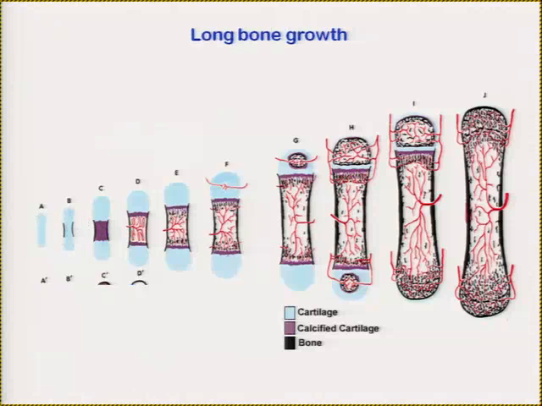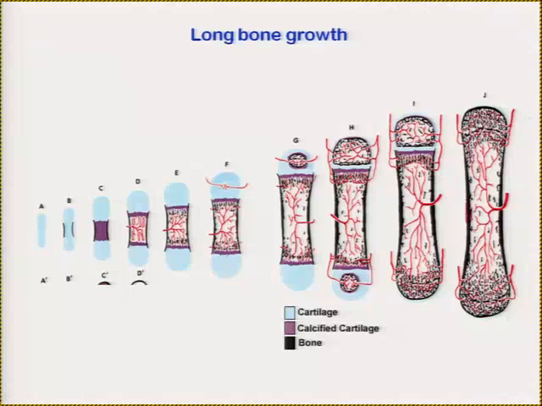So as long as those chondrocytes can keep proliferating, the bone length will continue to grow, to elongate. And that stops when you go through puberty and the epiphyseal plate closes. So no more bone growth. So most of the bone growth is happening here in the growth plate with these proliferating chondrocytes.